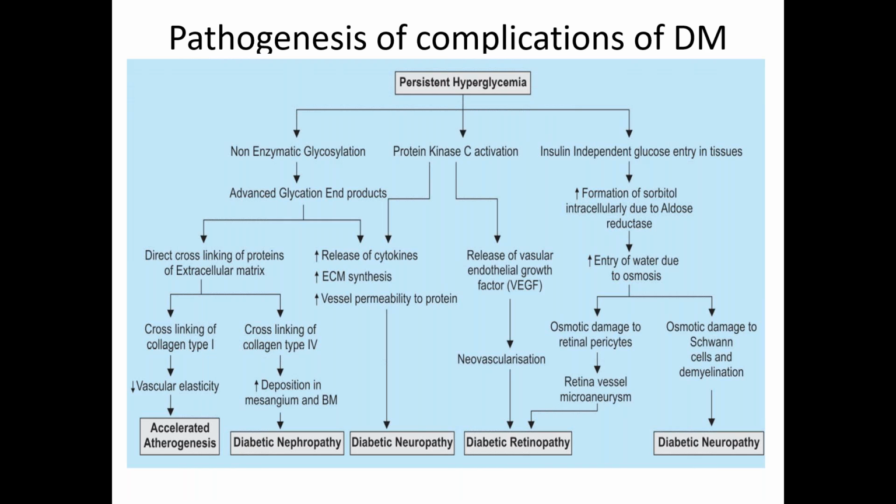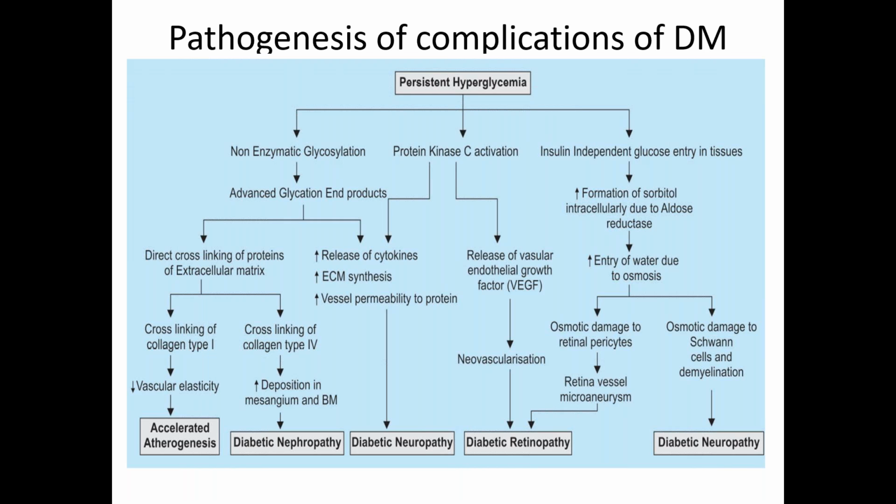So this same type of advanced glycation end products also form in various tissues, including the blood vessels, by making cross-linking with collagen type 1. Decreased elasticity and atherosclerosis develops. Cross-linking with the type 4 collagen that is present in the basement membranes and the mesangium is the basis for diabetic nephropathy.